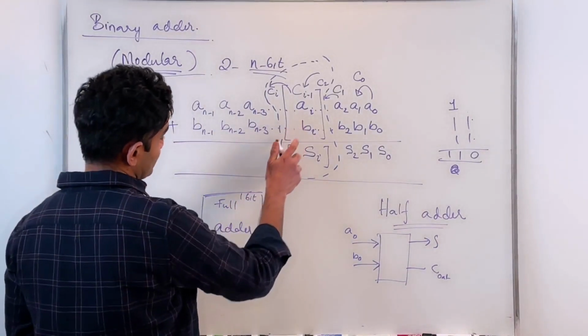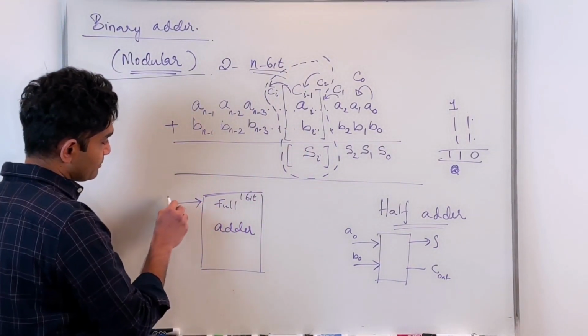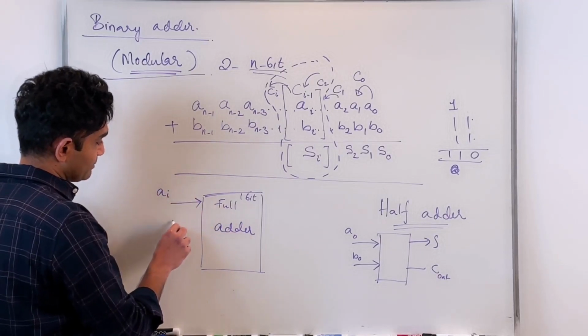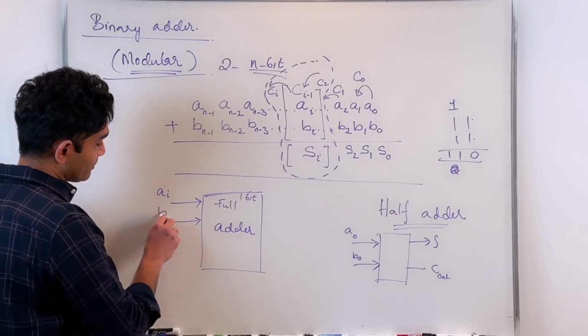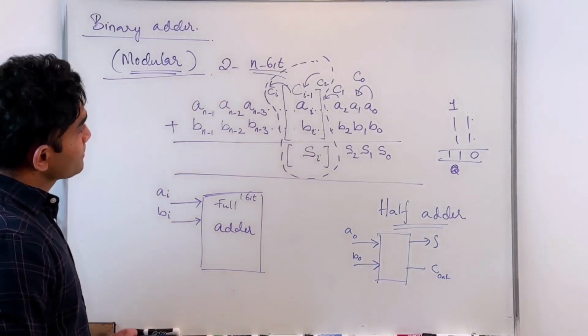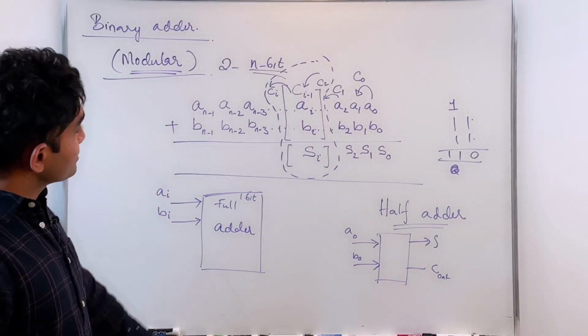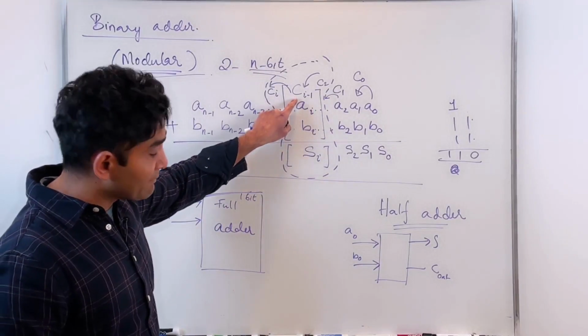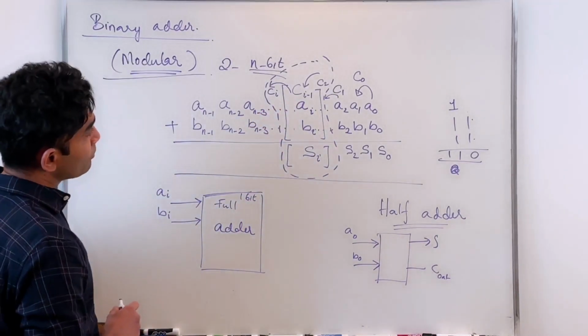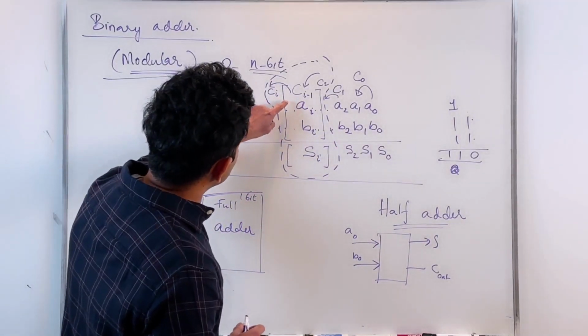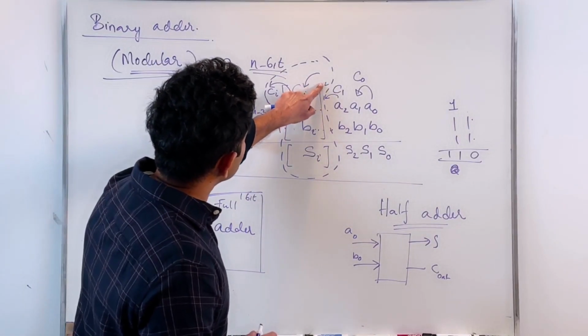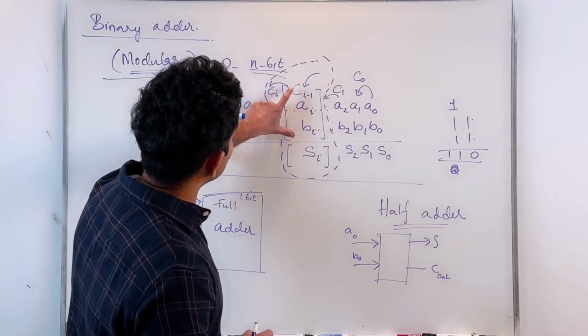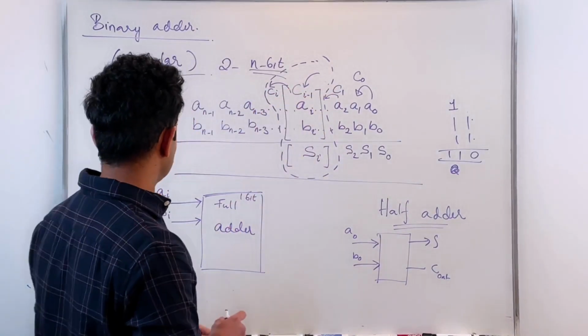My inputs are the individual bits that I'm adding together, which are Ai and Bi. So I have 2 of them here. I'm adding that along with the previous carry, which I call Ci minus 1. So I have 3 inputs, including Ci minus 1.